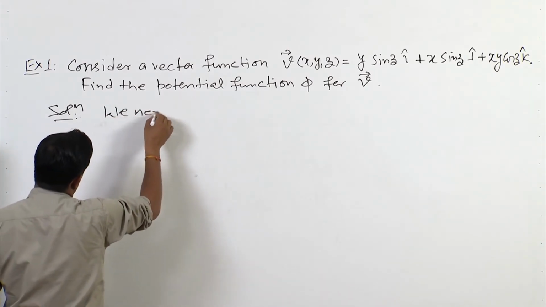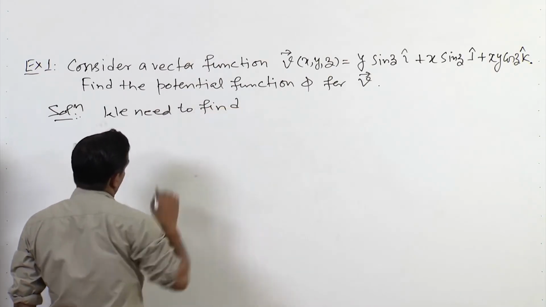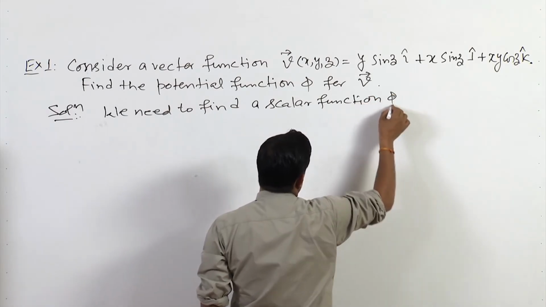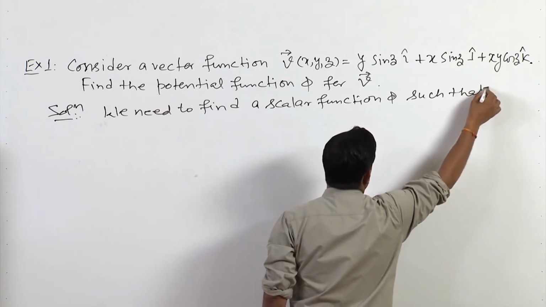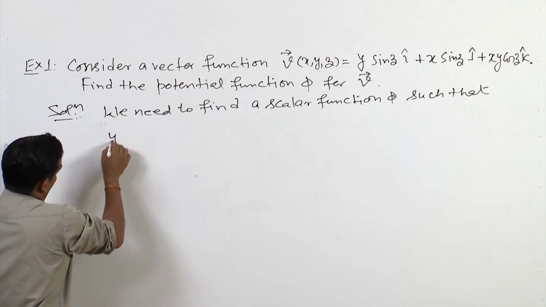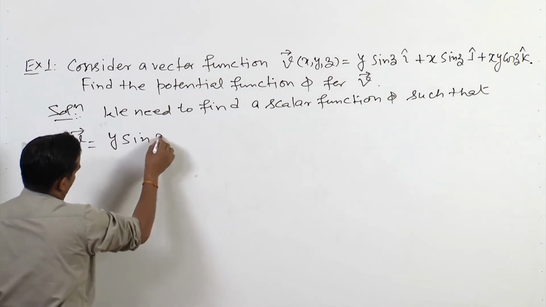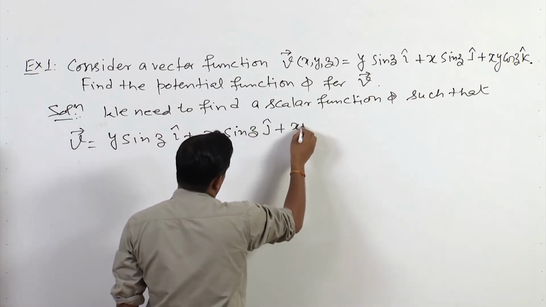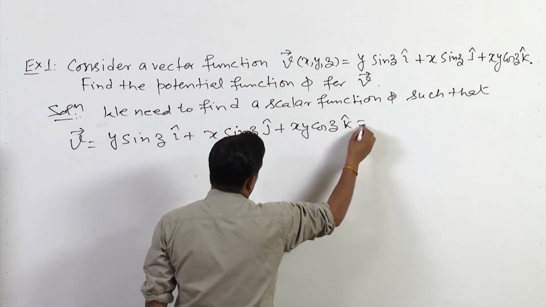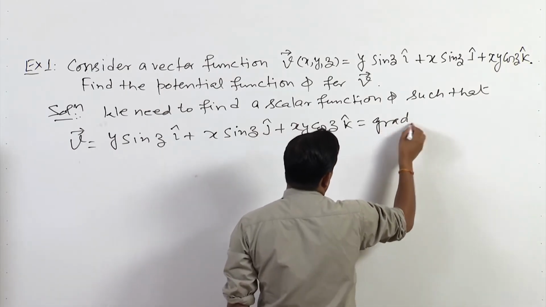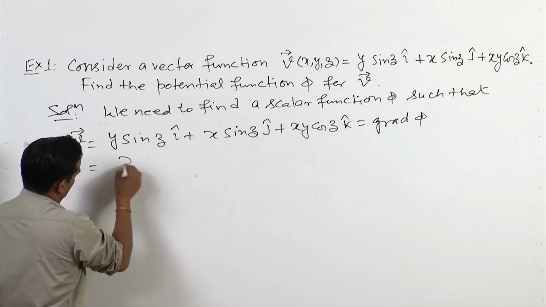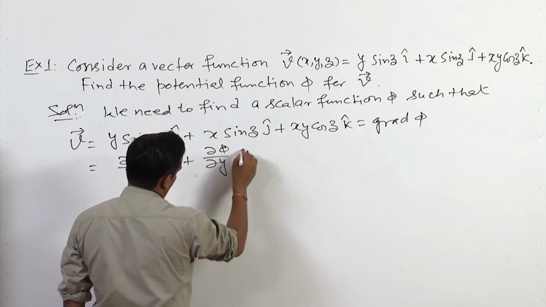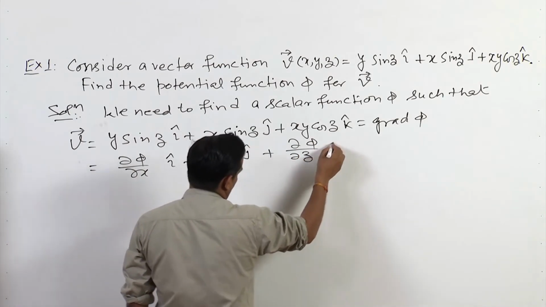So, we need to find a scalar function phi such that V, which is y sin z i + x sin z j + x y cos z k, equals grad phi. Grad phi means del phi over del x in the i direction, del phi over del y in the j direction, plus del phi over del z in the k direction.